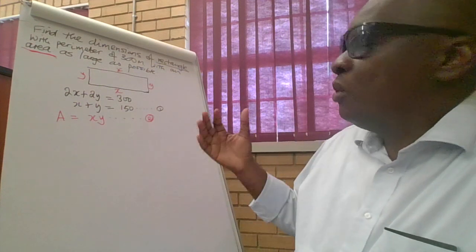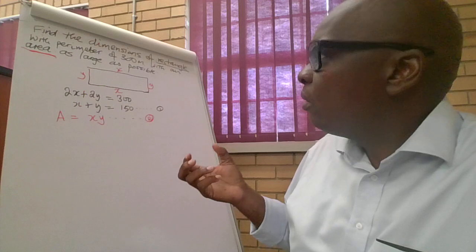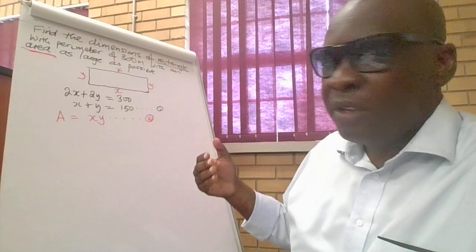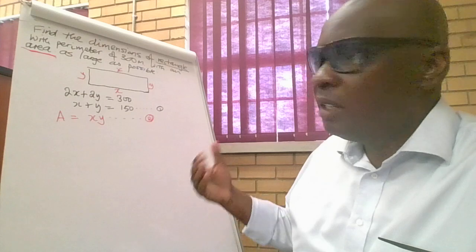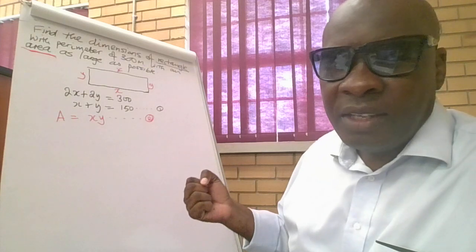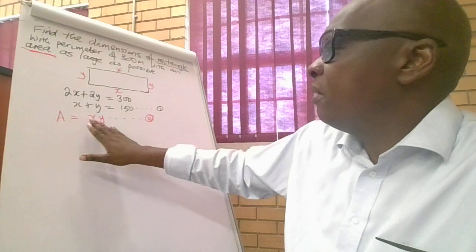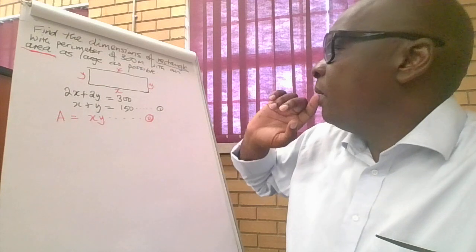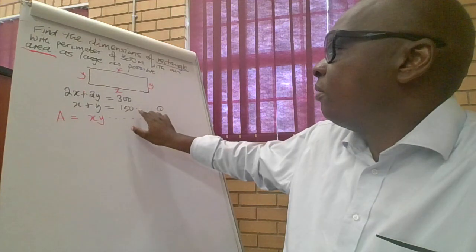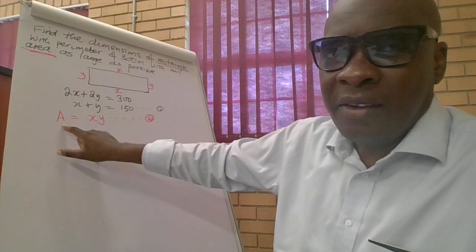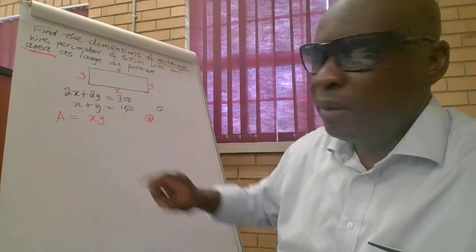And remember, for you to get the maximum value, you can find the derivative and equate that derivative to 0. In this case, I have area being given by x times y, so I can take advantage of the first equation so that I can express area in terms of a single variable.